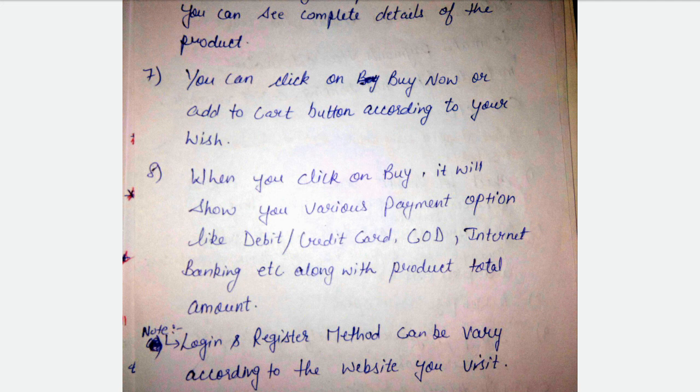If you are purchasing an electronic product, it can also offer you EMI. So these are the various options which you will get on online shopping applications, and by this process you can pay online.